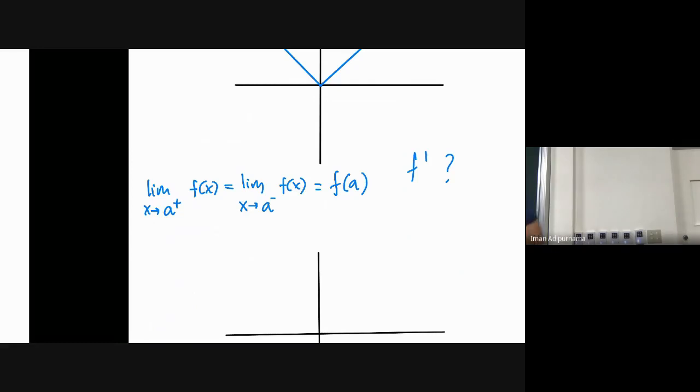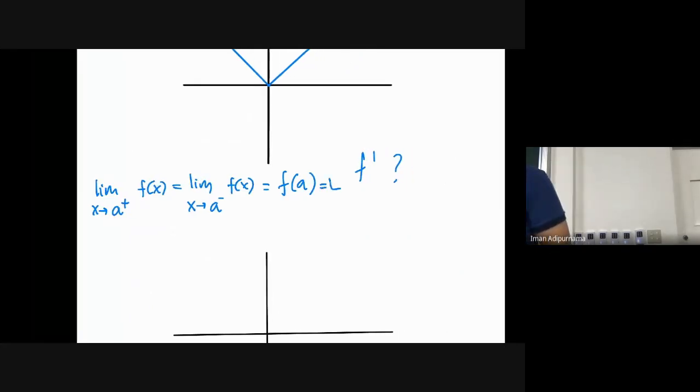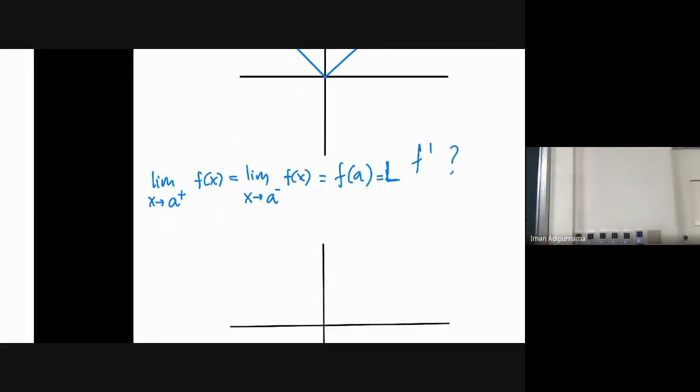Let's say it's the same as L, any constant L. So first, check the left-hand and right-hand limits. Check the function itself, plug in a. It should be the same as L.